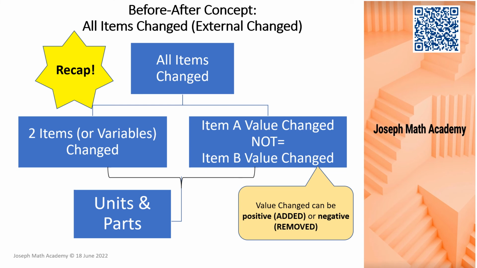Okay, so all items changed is rather abstract. All right, so if you have lack of information, normally we will use unknown variables, units and parts. So algebra is actually indirectly used in this type of question and have to be solved using simultaneous equation.